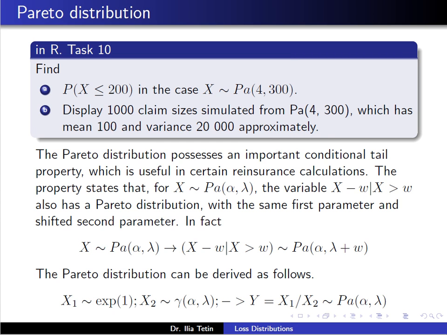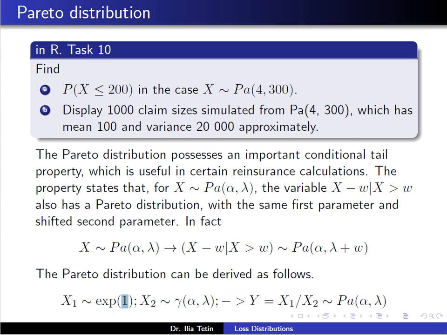Generally this property comes from the property of mixture distributions, quite complex things, but you just need to understand that you are able to obtain the Pareto distribution from the exponential and from the gamma distribution by just dividing one by another, but the exponential distribution should have parameter 1.